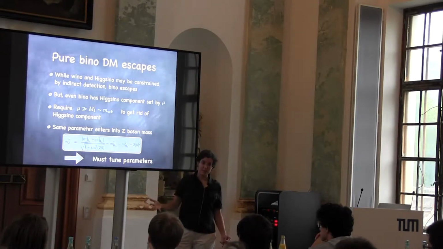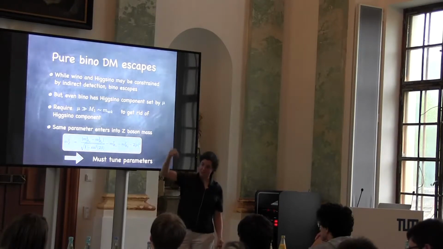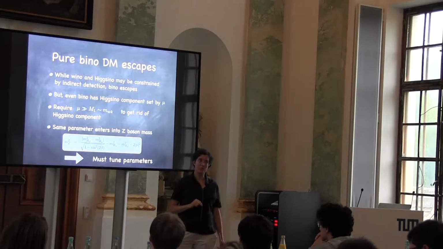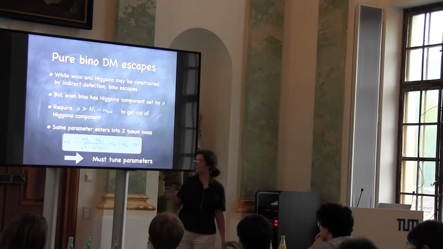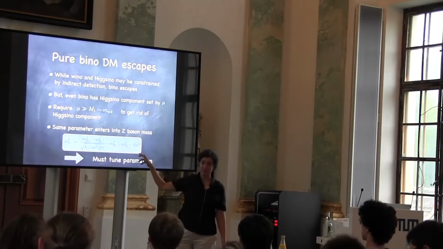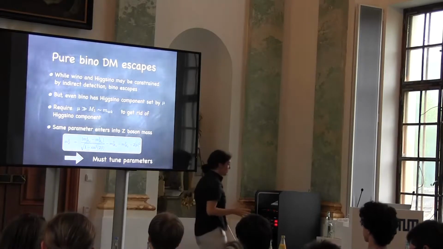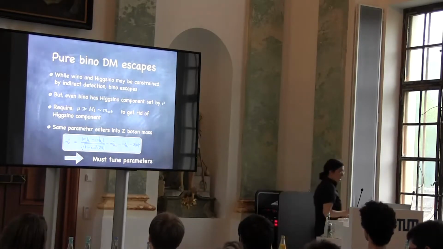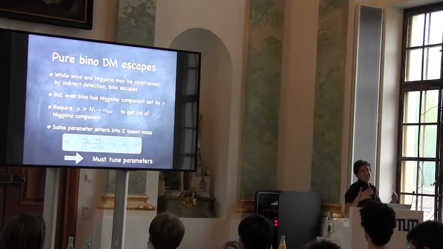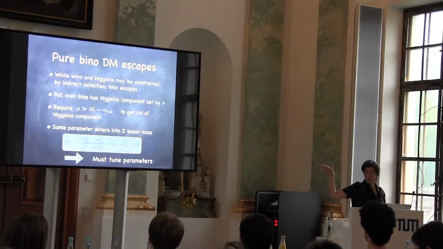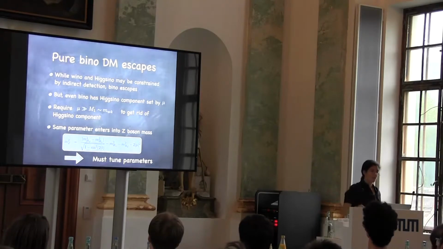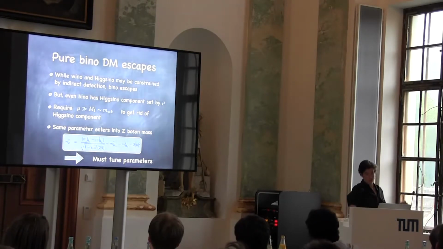And the more pure that I have to make the Bino in order to evade all of these constraints, which is to say the more I drill down to smaller and smaller direct detection cross-sections, the more I pay this price. So you're always going to be able to tune the theory further and further in order to evade the direct and indirect detection constraints, but it's going to come at the cost of additional tuning in the theory.